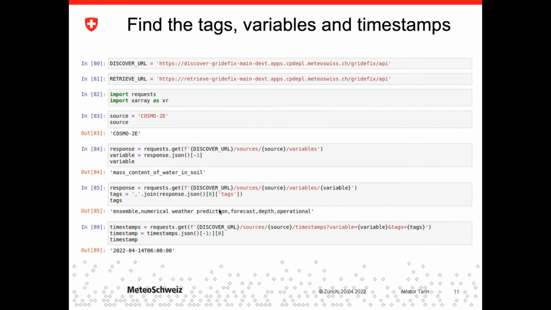We tag each array, so that if we are going to use that array for a specific purpose, it comes with a tag. We can tag it, and then query for such tags. Then, given that variable and the list of tags, I just fetch the first one of the available timestamps. That is this query here.